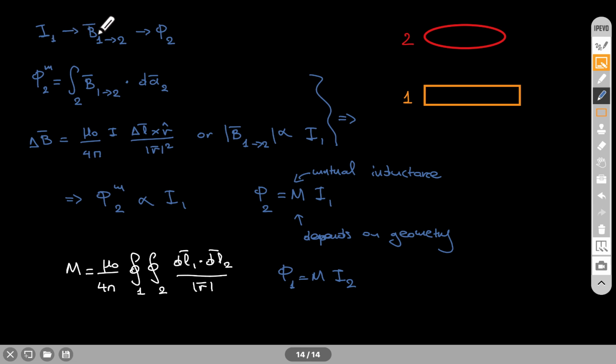I have to find B, and then I have to calculate the flux and then the change in flux and so on. Sometimes you may need to think about the change in B if you want to use Lenz's rule. In any case, if you know the mutual inductance, it makes things a little bit easier when you use Faraday's law in that system.